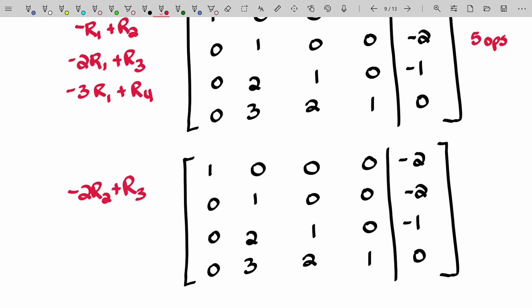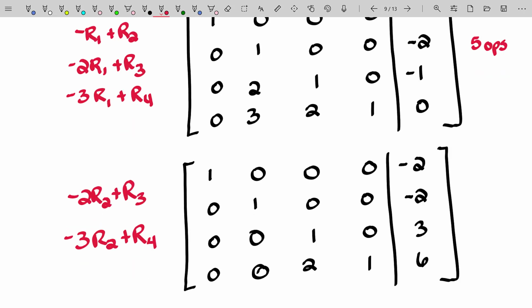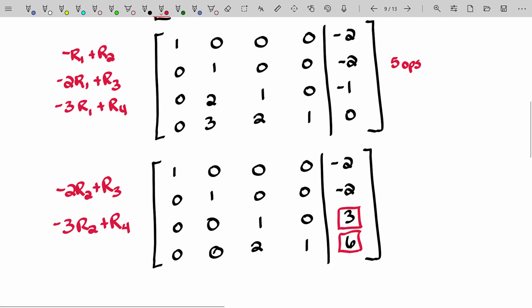I'm going to take -2 row 2, add that to row 3, and also take -3 row 2 and add that to row 4. When I do that, by design, these will zero out without any mathematics and nothing else changes in the coefficient matrix. These down here definitely change. So let's go ahead and do that. Each of those are 2 operations, so that's 4 operations altogether.